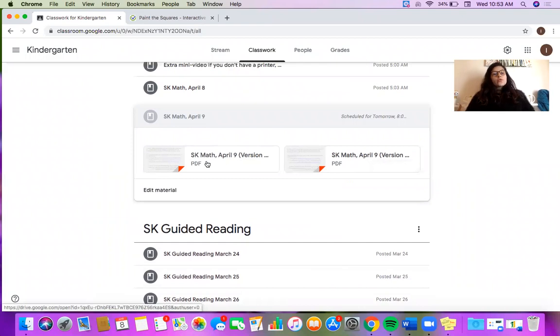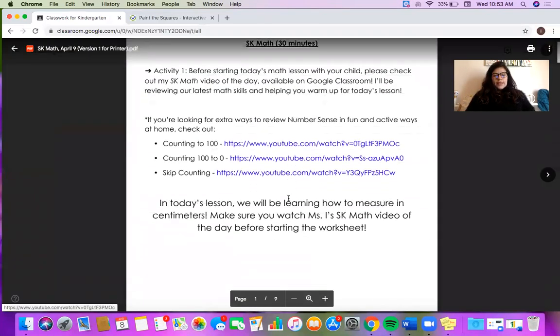Okay, I'm going to go through the version with printer, but this version is very, very similar. It just has an activity that you can do by cutting out pieces of paper and measuring them instead of measuring pictures on the lesson page. Okay, but it comes up to the same thing. The objectives are exactly the same, and the practice would be the same. All right, so let's open this one for now and see what's up.